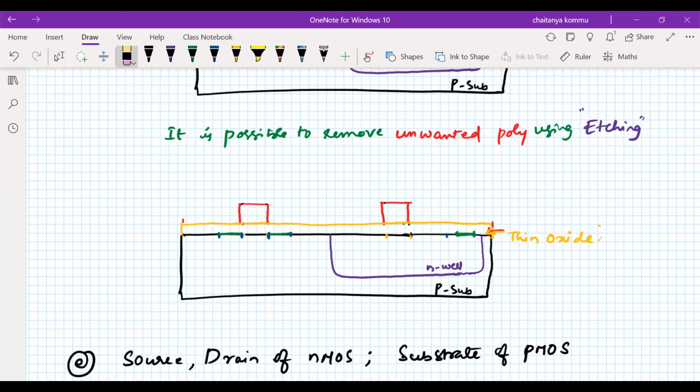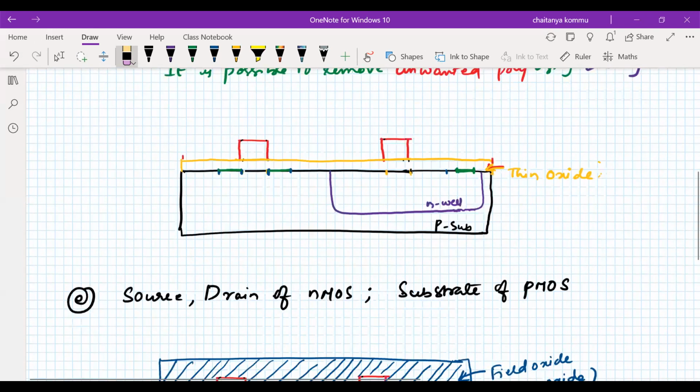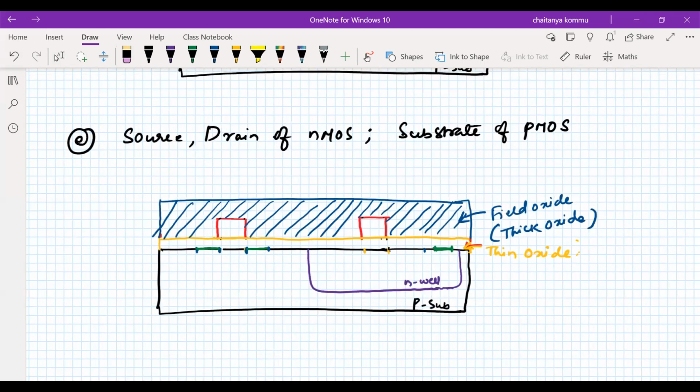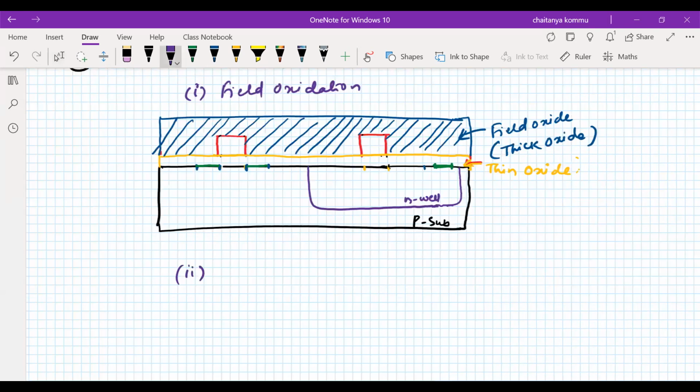Once it is completed, I have to realize the source and drain of the NMOS transistor and the substrate of the PMOS transistor. What is the first step that I have to follow? First step is field oxidation. What is the second step? Photolithography.